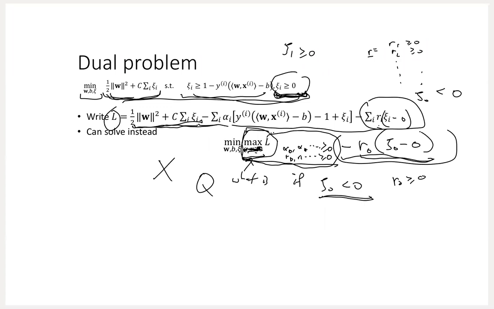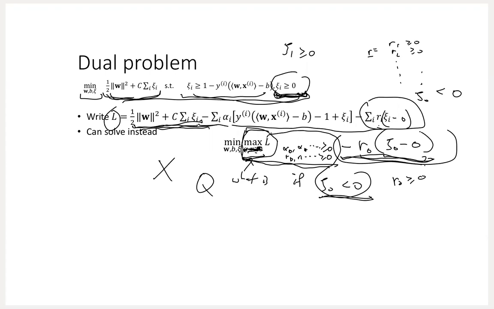And note that I'm trying to maximize this entire L with respect to all these alphas and all these R's, which are also supposed to be bigger than 0. Now, if one of these C is less than 0, so let's say C0 is less than 0, what's the maximum value for that one?